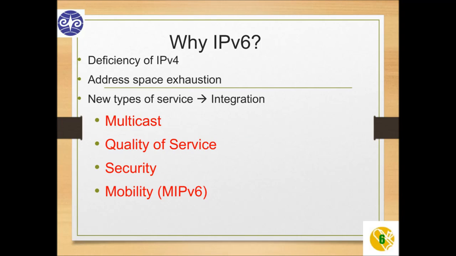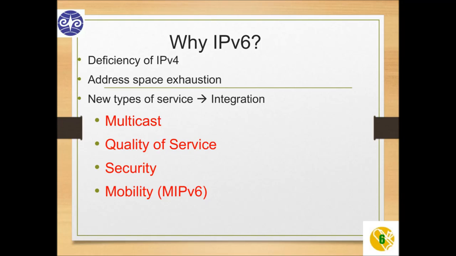Why IPv6? Dear students, why do we use IPv6 while we have IPv4? There are three main points. Point number one, deficiency of IPv4. As we discussed in the previous slide, limited address space while the current need of the universe is to provide internet facility to every device.